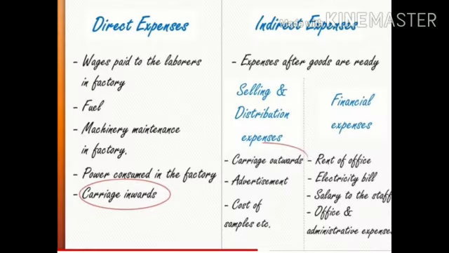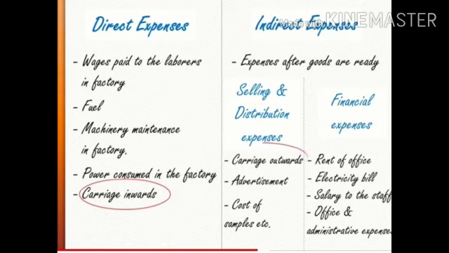Expenses incurred in manufacturing the goods, purchasing raw material, as well as preparing the goods, or factory-related items are called direct expenses. Direct expenses are recorded on the debit side of the trading account, and when goods go out of the business, that is recorded on the credit side of the trading account.